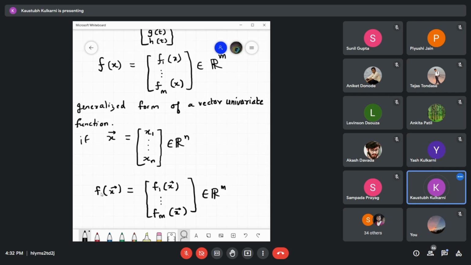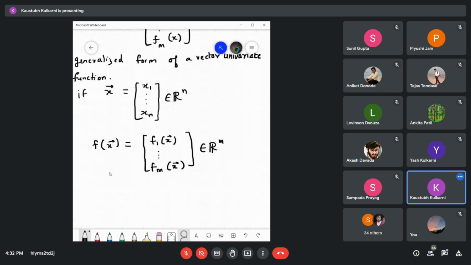This f is the generalized form of a vector multivariate function.